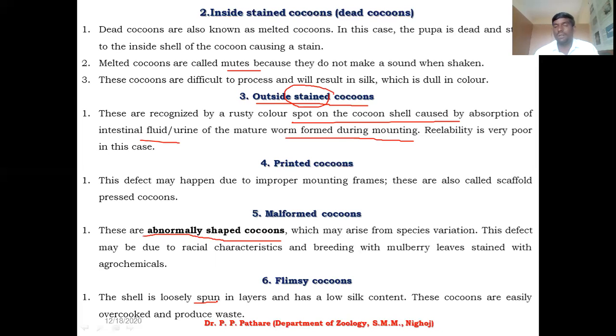But this cocoon is very thin, very thin. So our overall weight of cocoon is very low. So such type of cocoon produces very small silk content and produces a large amount of wastage. I hope you understand.